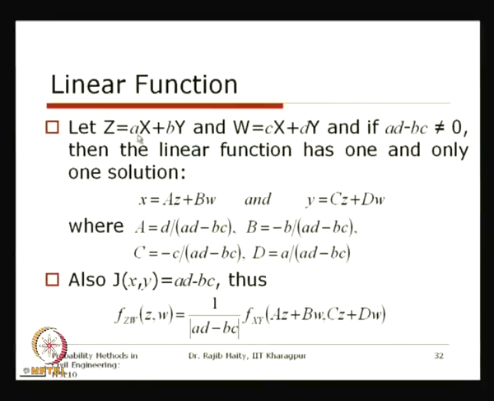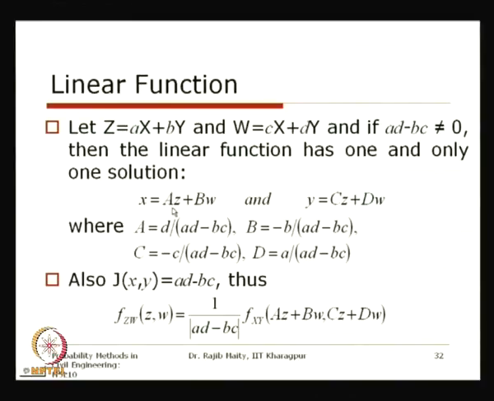Let z equal ax plus by and w equal cx plus dy, and if AD minus BC is not equal to 0, this is one condition. AD is the coefficient of x times the coefficient of y, minus the multiplication of the other two coefficients. We will see in a minute why this is a requirement. Then the linear function has one and only one solution, which is x equals Az plus Bw and y equals Cz plus Dw, where capital A, B, C, D are constants which can be expressed in terms of the lowercase constants a, b, c, d through this expression.